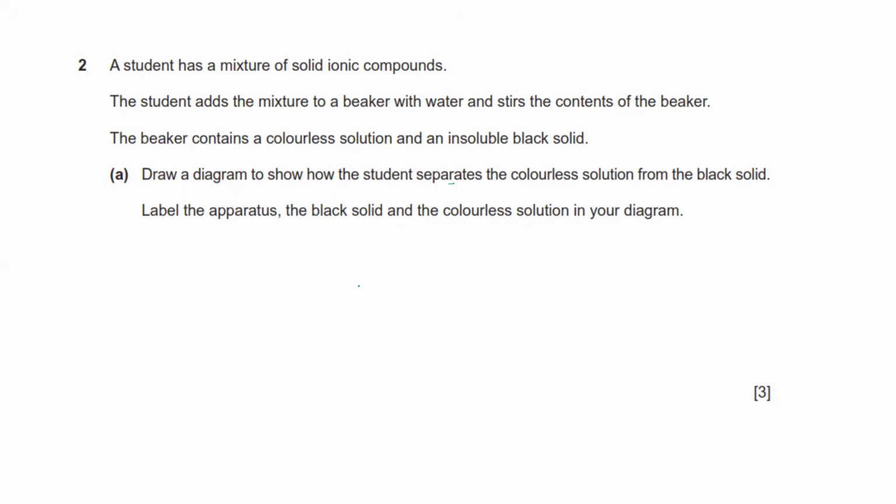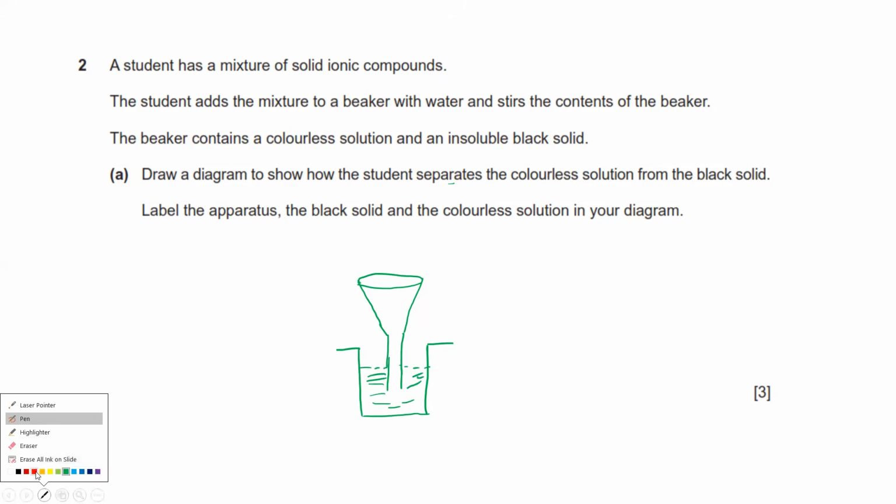So we take a filtering funnel. This is something like this, and we take a glass beaker or a measuring cylinder. Say, for example, it's something like this. And let me change the color. Take red. So we wrap the inside of this funnel with a filter paper.